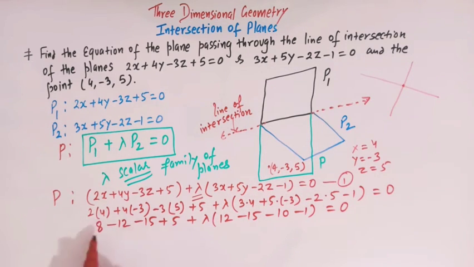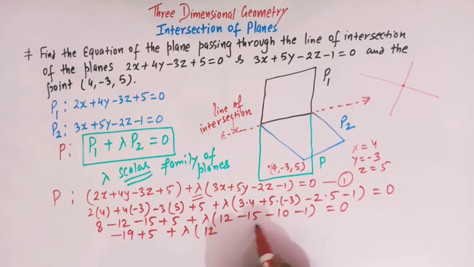So now we can simplify it. So this is 8 minus 12 is minus 4, and minus 15 is minus 19, plus 5 here, and then we have lambda, here we have 12, and this is 25 minus 26, right?